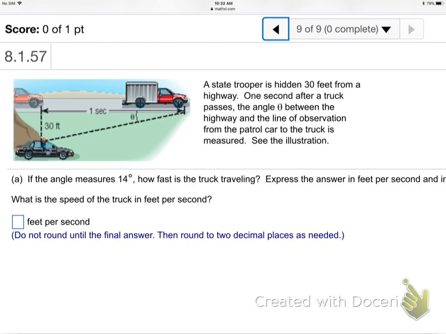State troopers are sitting 30 feet from a highway. So this is 30 feet from the highway. One second after a truck passes, the angle theta between the highway and the line of observation from the patrol car to the truck is measured. See illustration. If the angle is 14 degrees, how fast is the truck traveling?